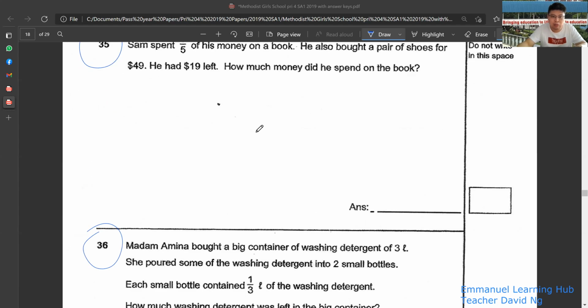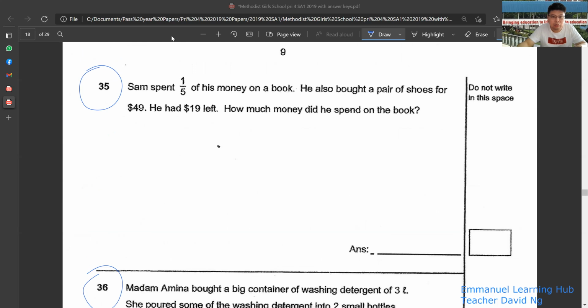You got some correct. 35. Our friend Sam spent 1/5 of his money on a book. He also bought a pair of shoes for $49. He had $19 left. How much money did he spend on the book? You know what to do with this kind of question? You draw a model. 1/5, right? You show 5 parts.